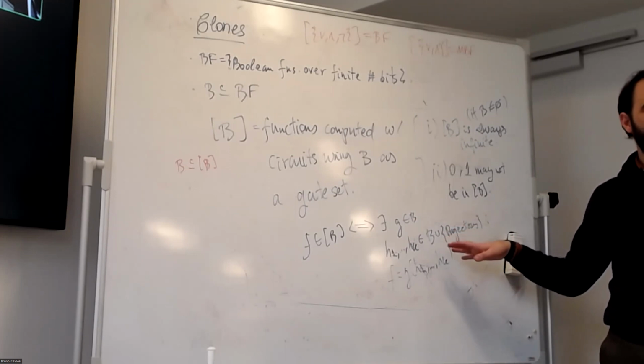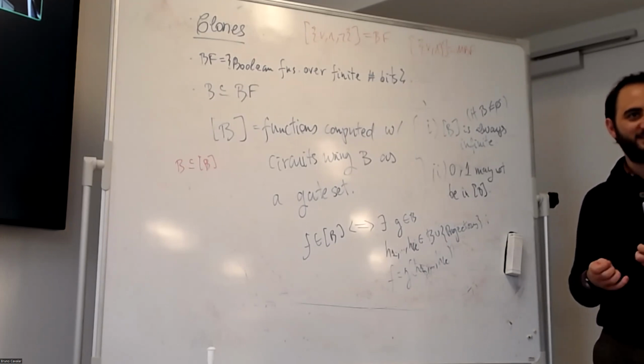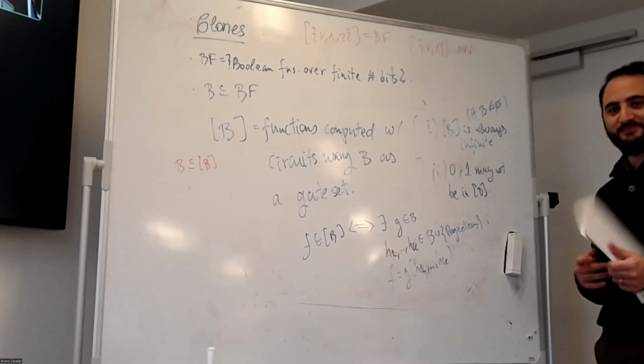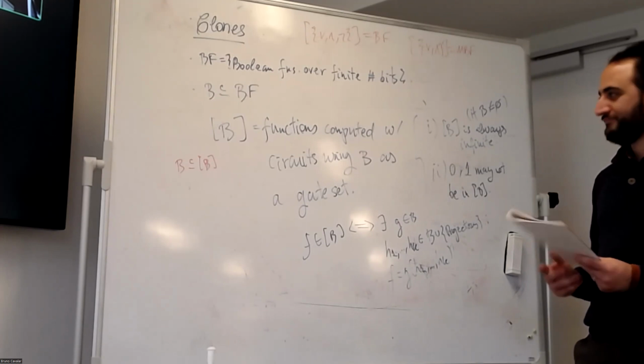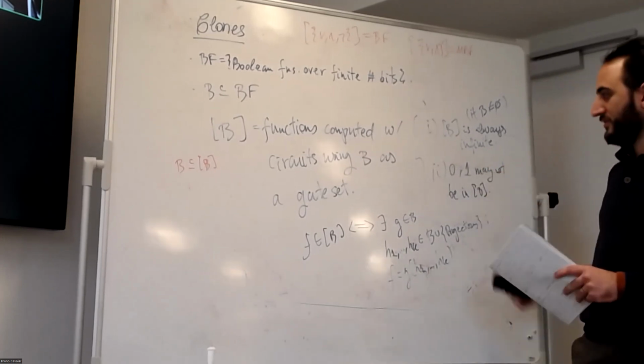B just has a set of gates, and I can build whatever I can with these gates. Good. Just wanted to highlight this zero and one constant thing because it is important.